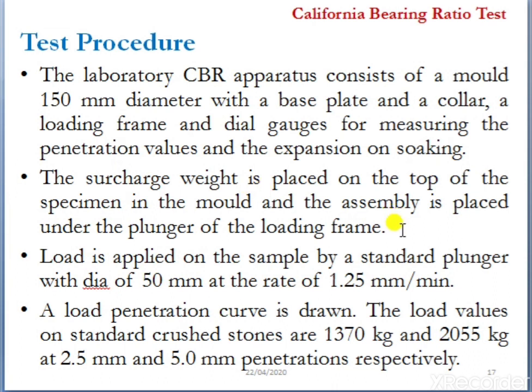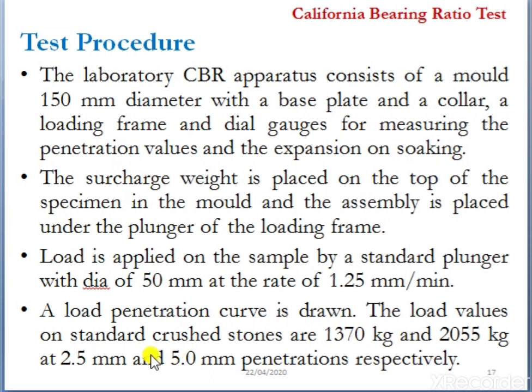So after all the setup, a load is applied to a sample by a plunger and the rate of loading is 1.25 mm per minute. A load penetration curve is drawn. The load values on standard crushed stones are 1370 kg and 2055 kg at 2.5 mm and 5 mm penetration respectively.